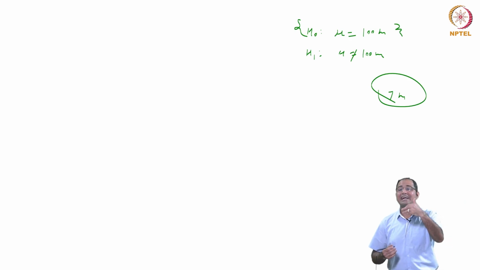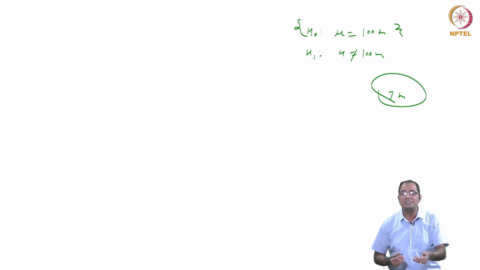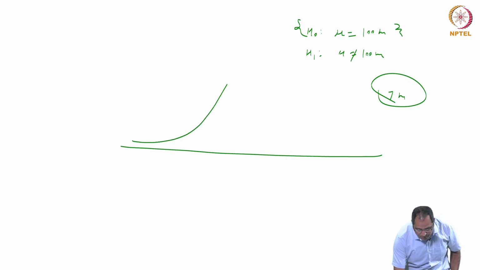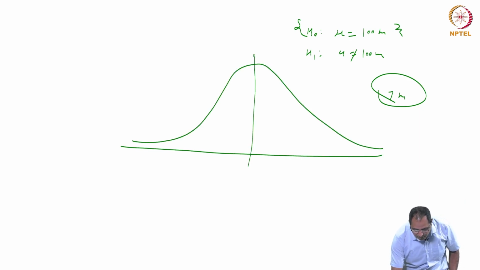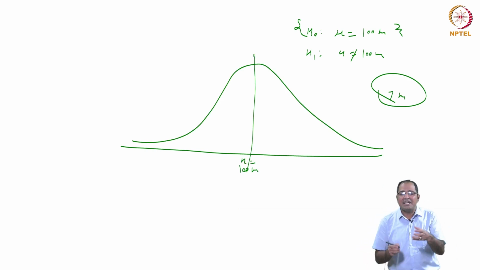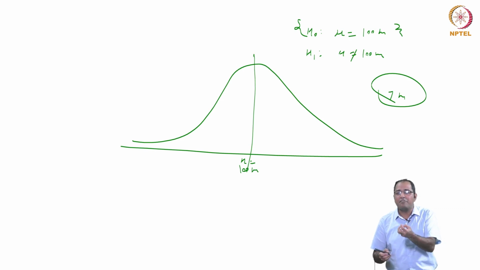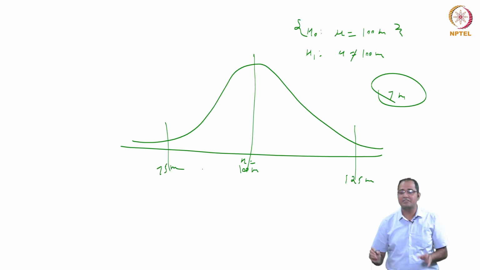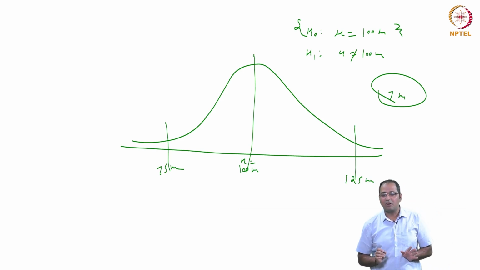Now, assuming that the null hypothesis is correct, which means assuming that the population mean mu is 100 meters, how likely am I to get a sample with a mean of 7 meters? So let's say this is 100 and this is 125 meters and this side is 75 meters, on the two tails.